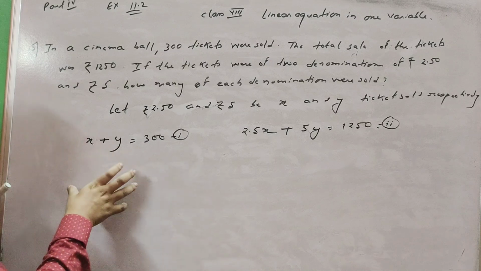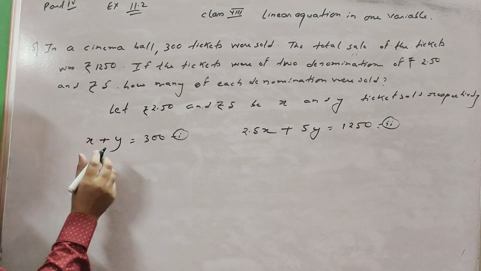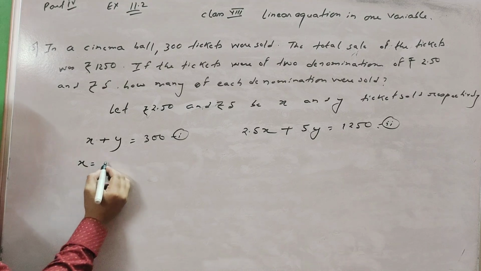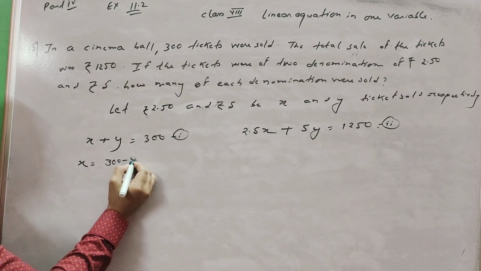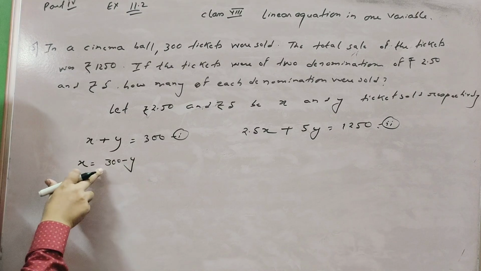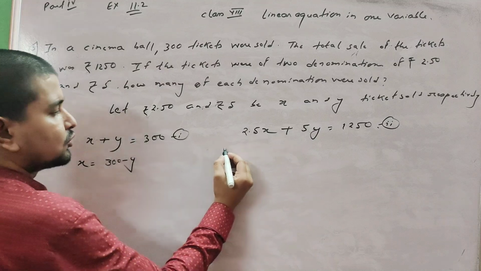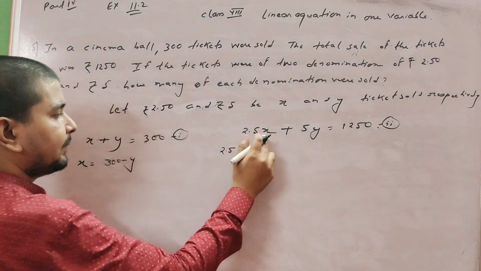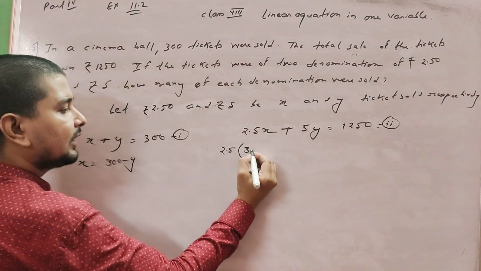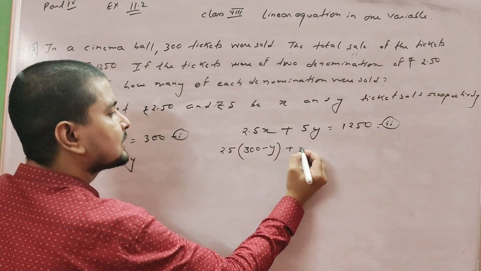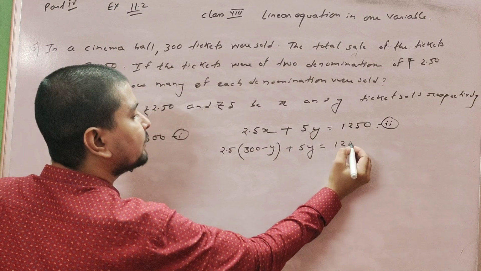Clear? We solve by the substitution method. See clearly, X equals 300 minus Y. This plus Y goes this side, that is minus Y. So in place of X we write 300 minus Y, in 2.5 X plus 5Y equals 1250.